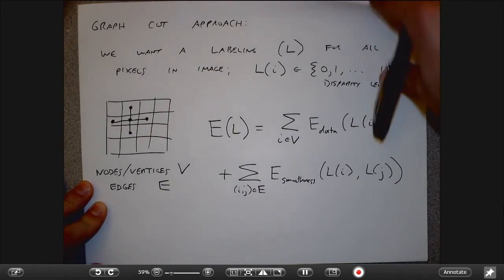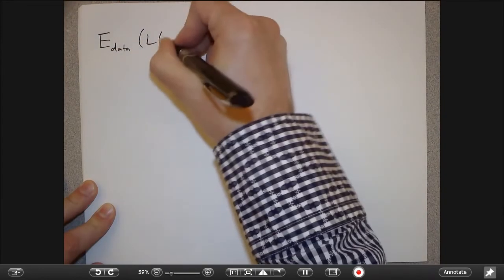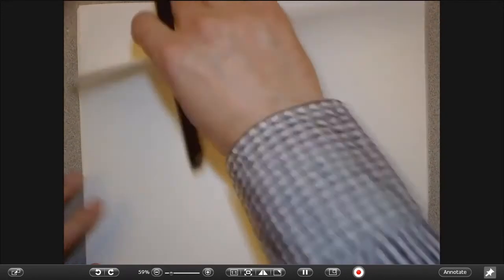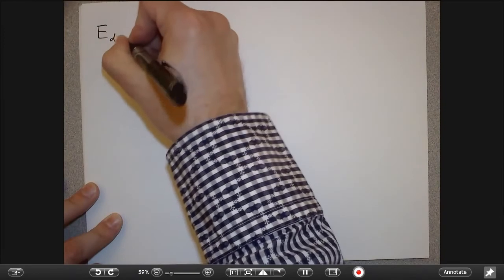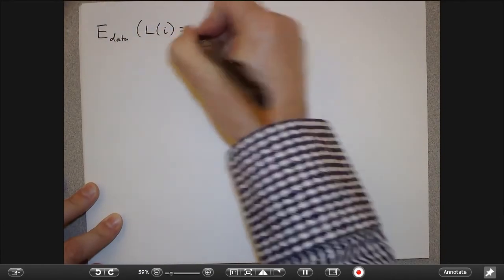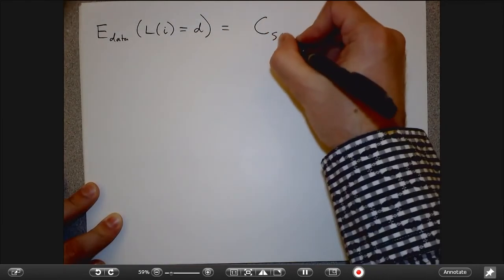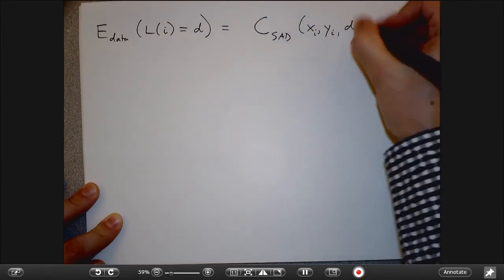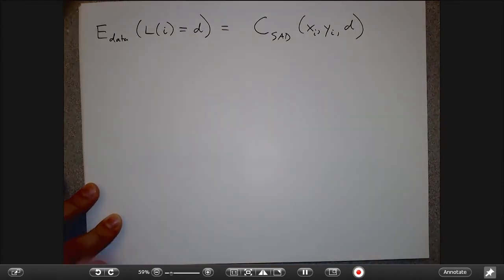So one example of a data term, saying that the label of pixel I is equal to D, could be the sum of absolute differences cost function at the xy position corresponding to pixel I with this hypothesis D, right?